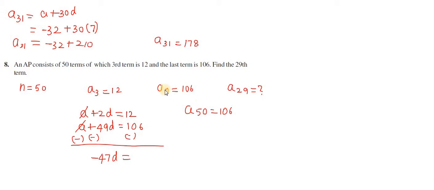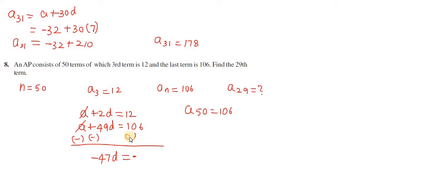So we can write A50, the last term, as n equal to 50 terms. So A50 is equal to 106. Then A3 we can write as A plus 2D, which is equal to 12, and A50 we can write as A plus 49D, which is equal to 106. Now simplify this. 49 minus 2 gives you minus 47D.